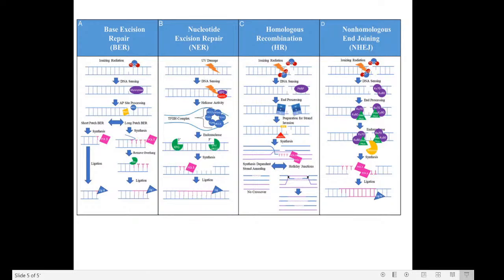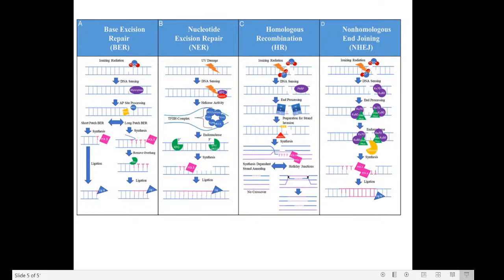After finding the damage, we can synthesize the short patches. Short patches means once we find the damage in a particular place, we cut out that DNA.